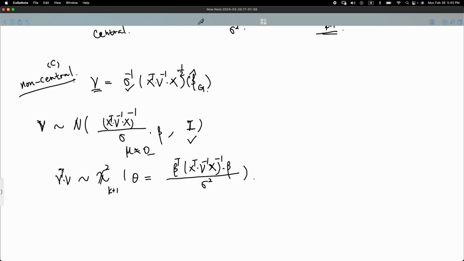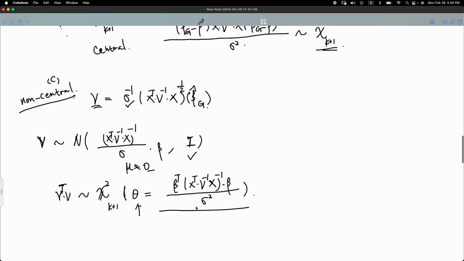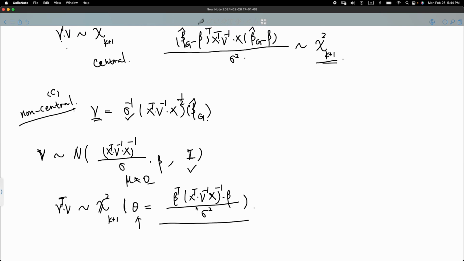And then in the end, V transpose V will be a non-central chi-square with a non-centrality parameter. Based on your preference, you can decide what you want to call this, with the non-centrality parameter in this form. Okay, so that would be the overall idea.